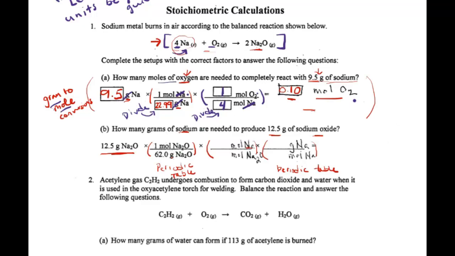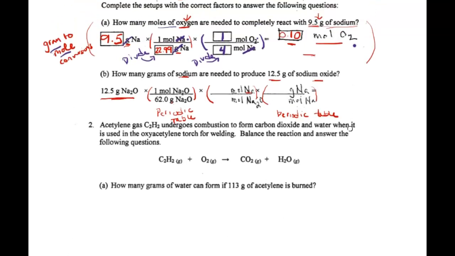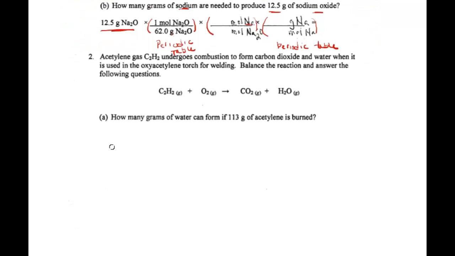When you get down to this problem, there's nothing here for you. You're going to have to do all these calculations yourself. What you want to start with is what you know, or what is given.